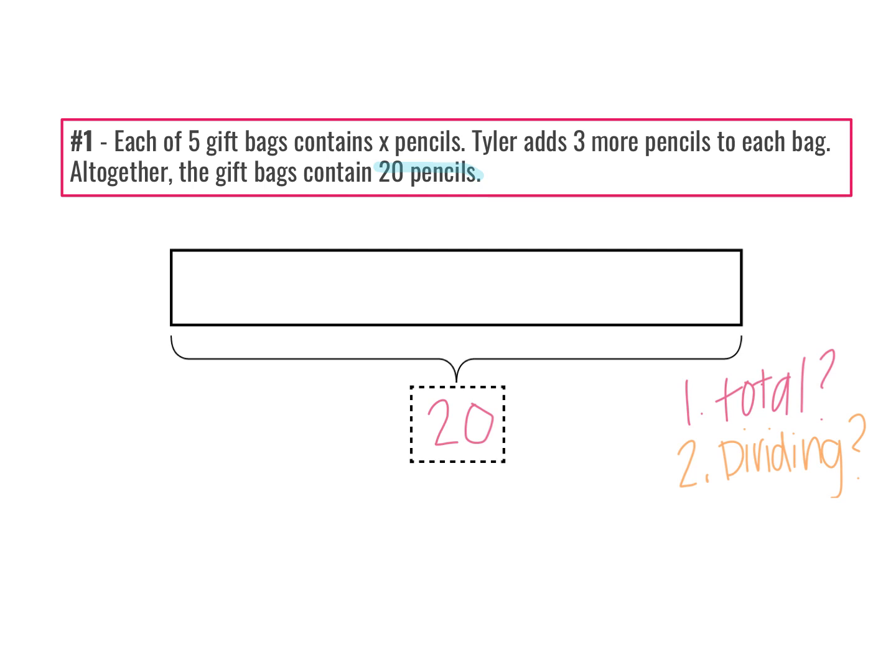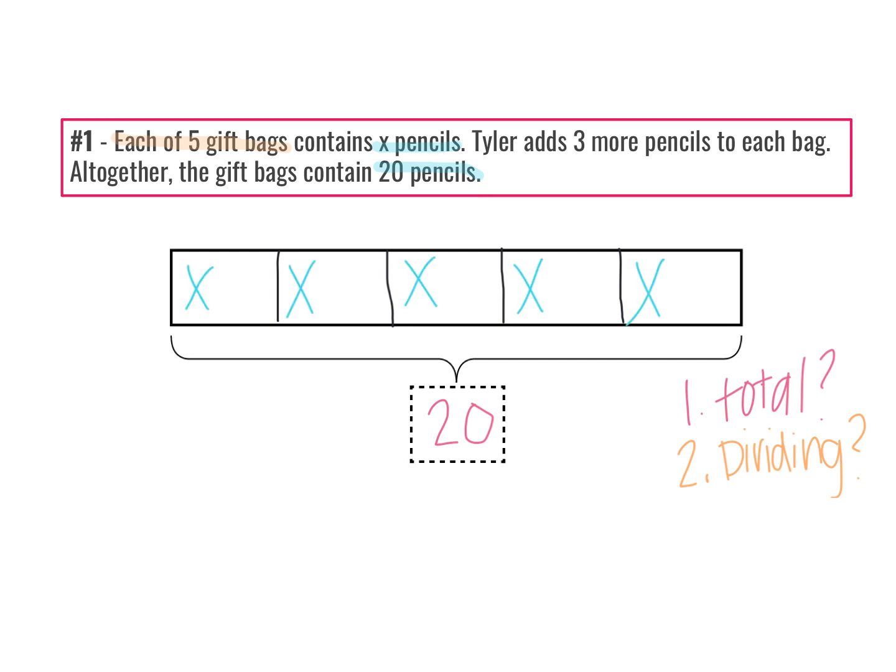Right here, each of 5. That each is telling me that we have groups of something. And so our gift bags are a group. So I need to divide up this rectangle into 5 parts. The next thing I see is that each part has x pencils. So I'm going to put an x in each of the 5 gift bags.